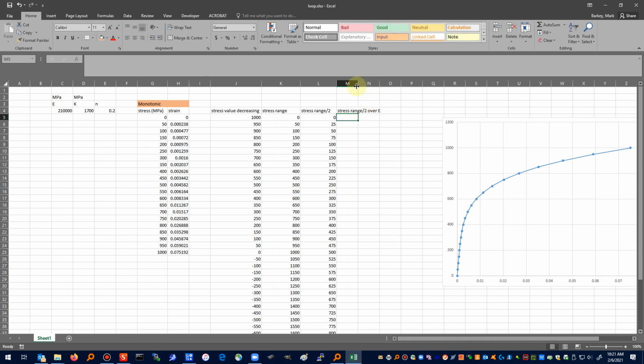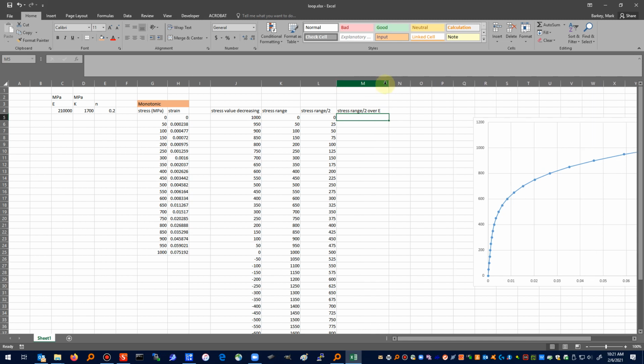Okay, I'm spelling these out in a very long format so we can see what we're talking about. I'm going to take the stress range over 2, that's this one. Now I'm going to divide it by the modulus of elasticity.